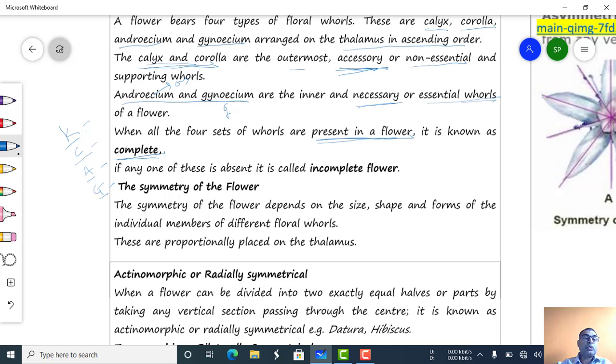So K represents the whorl of calyx, C represents the whorl of corolla, A represents the whorl of androecium, while G represents the whorl of gynoecium. If all these floral whorls are present in the flower, then the flower is said to be a complete flower. And if any one of these is absent, then it is called an incomplete flower.